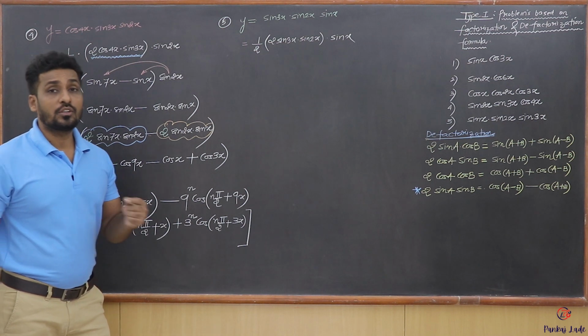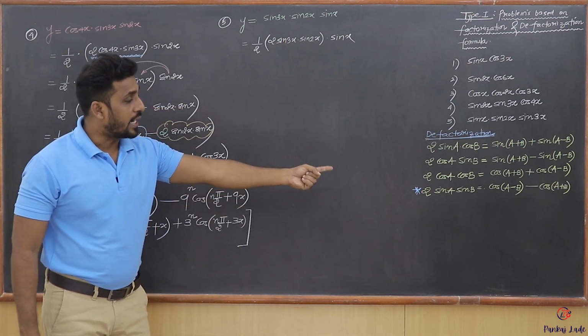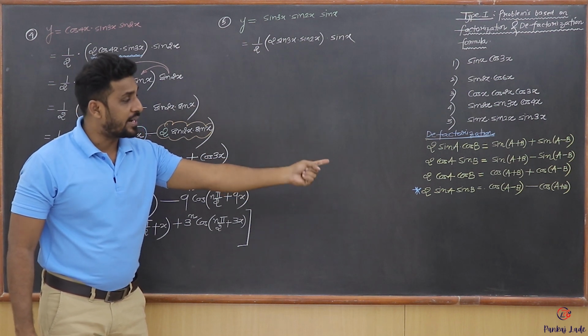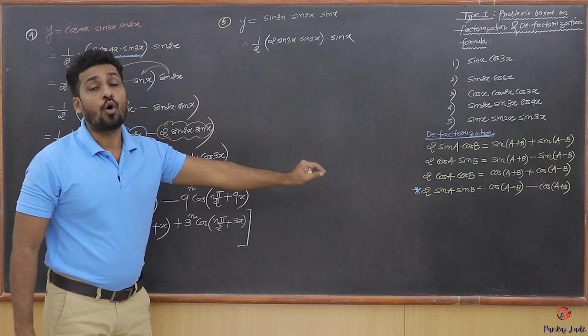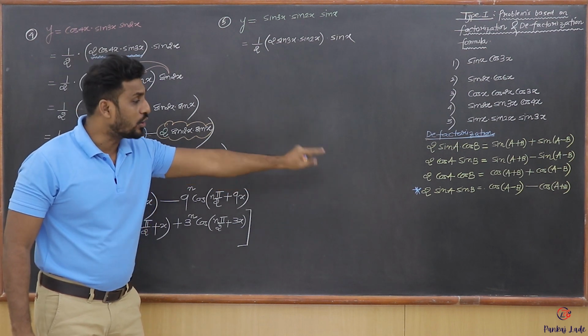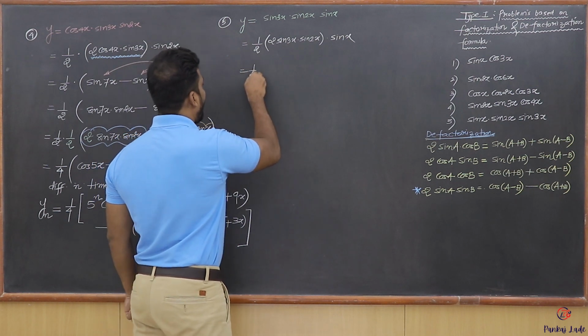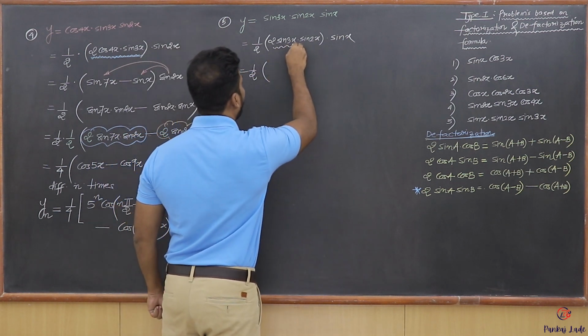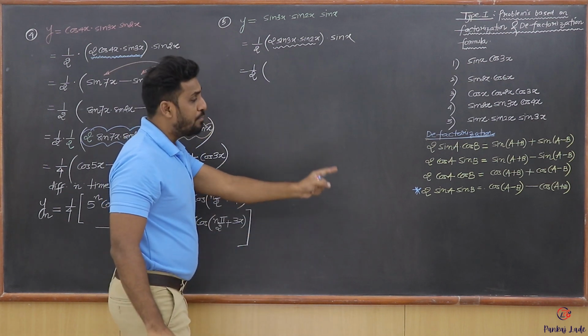Now people tell me what is the formula for 2 sine a into sine b. You can observe the formula for 2 sine a into sine b is cos a minus b minus of cos a plus b. It's the different formula that you always need to keep an eye on. Watch the formula very carefully. So here let's utilize the formula for the very first term over here, 2 sine a into sine b, as the formula is telling it is cos of a minus b.